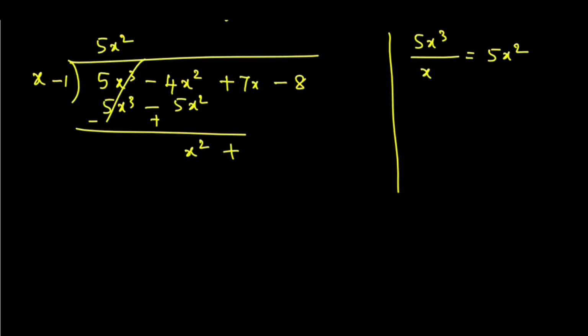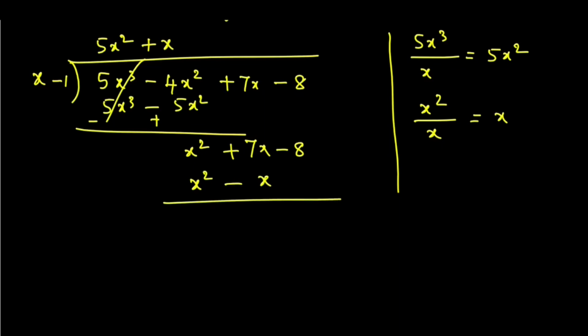We can bring down 7x. In the remaining dividend, the first term is x square. So x square by x, we get x. This is the next term in the quotient. x into x minus 1, we get x square minus x. Change the signs to subtract. Minus here, plus here.